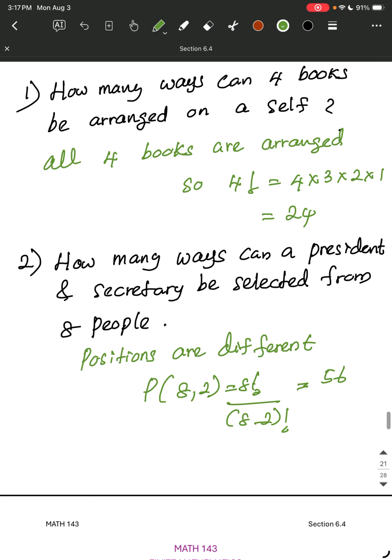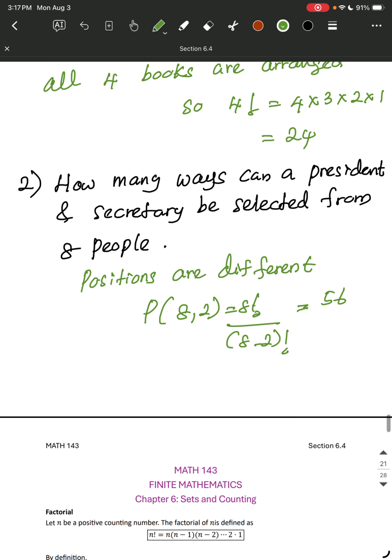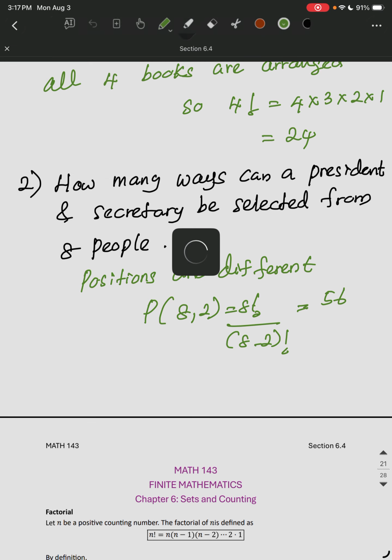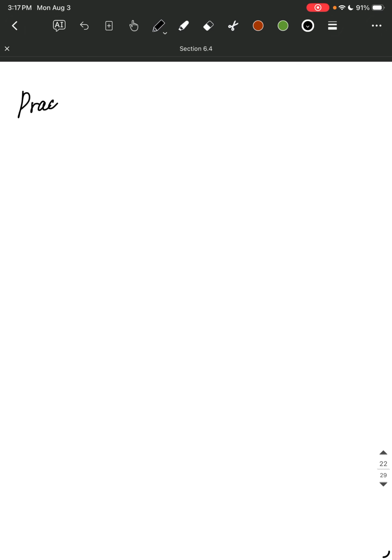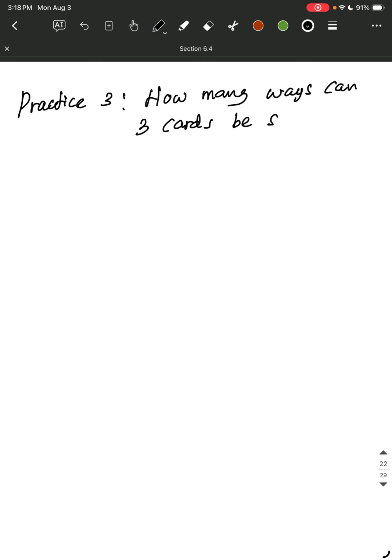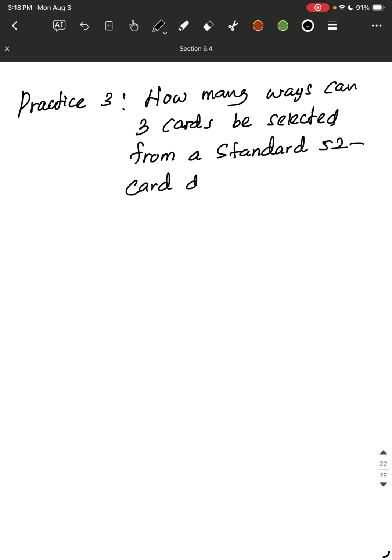Okay, practice number 3. How many ways can 3 cards be selected from a standard 52 card deck? Order does not matter, use combinations.